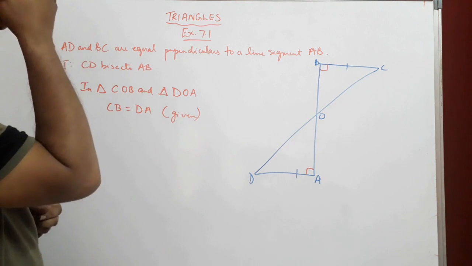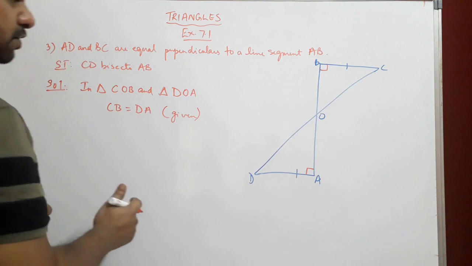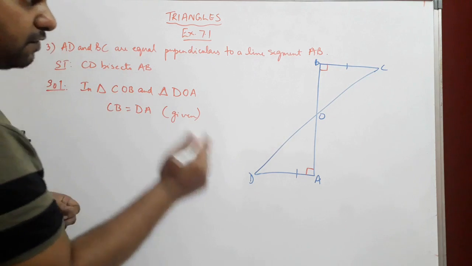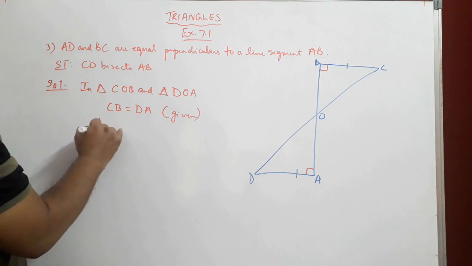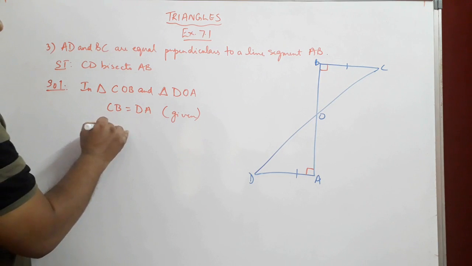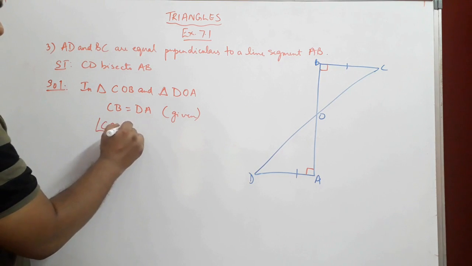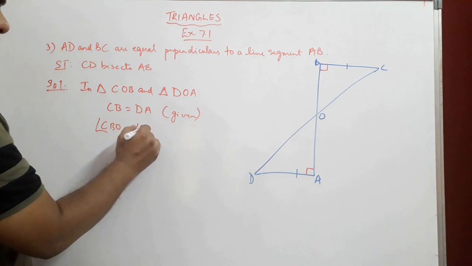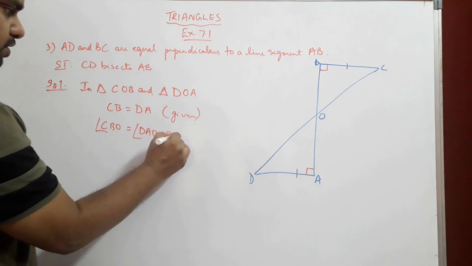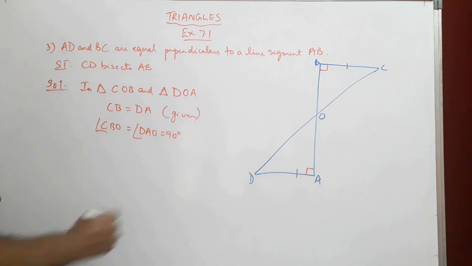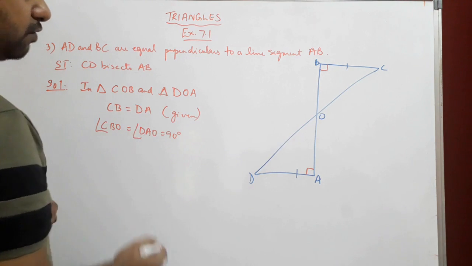AD and BC are equal perpendiculars. We are also given that these two are right angles. So we can say angle CBO is equal to angle DAO, both equal to 90 degrees. This is also given. Now we've got a side, we've got an angle. What else do we have?